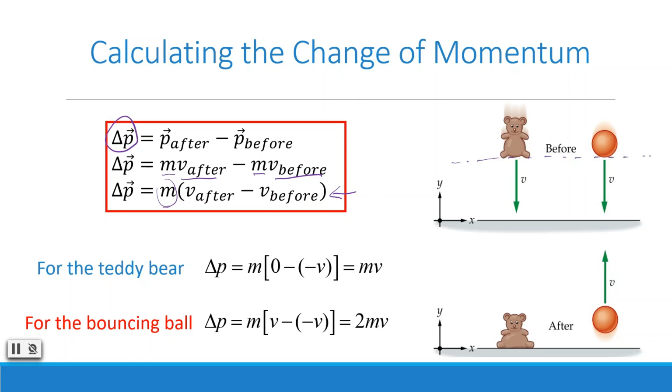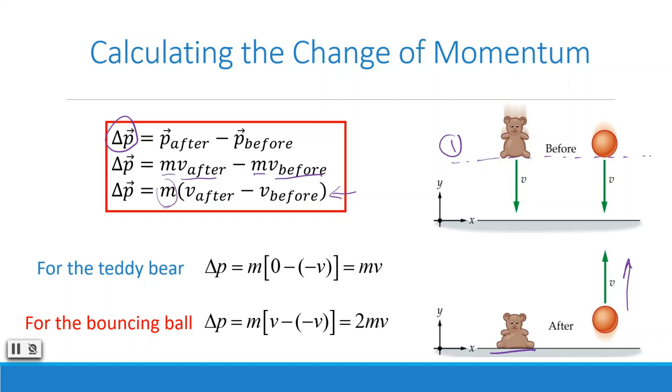We can assume that they start at some particular v, so they're moving at the same speed at this first instant. So this is our first instant here, and then as the teddy bear falls, it's going to come to rest. It's just going to squish, whereas the ball is going to bounce back upwards.